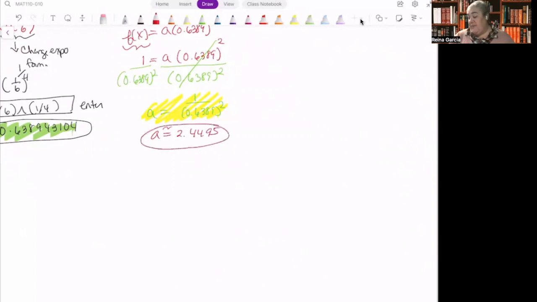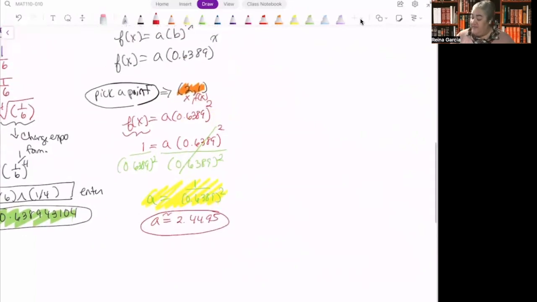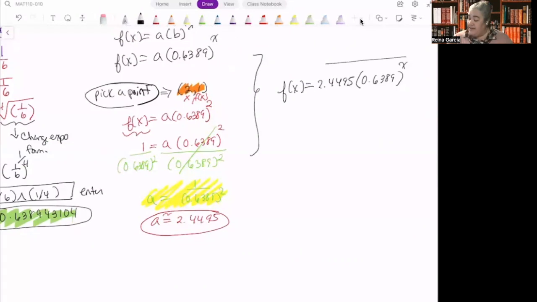There's that same a, which we can now take, and for the answer, write our formula, which is what we were looking for: f(x) equals our a, 2.4495, times our b, which is 0.6389, approximately, we're rounding off, to the power of x. There's the equation we came up with. We're going to highlight that in red.